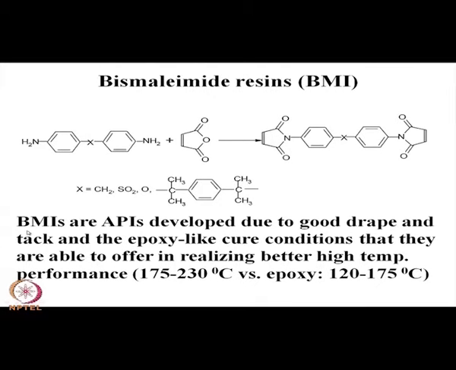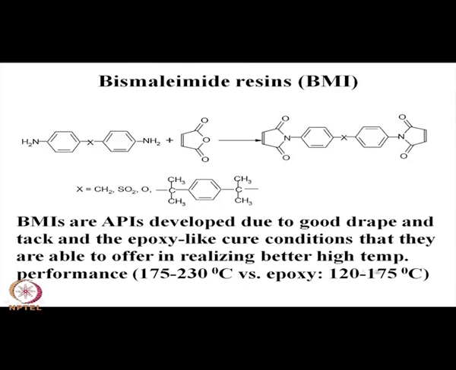So, these bis-maleimides are addition polyimides developed due to good drape and tack and the epoxy-like cure conditions due to the presence of these maleimide groups, that they are able to offer in realizing better high temperature performance. Say, service performance can be between 175 to 230 degrees Celsius versus epoxy resin, which performs at a little lower range, 120 to 175.